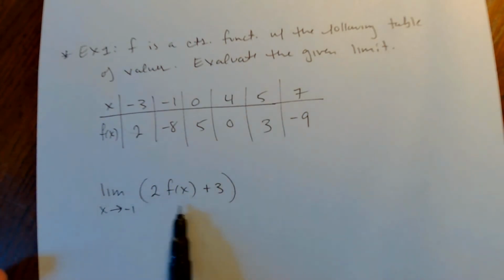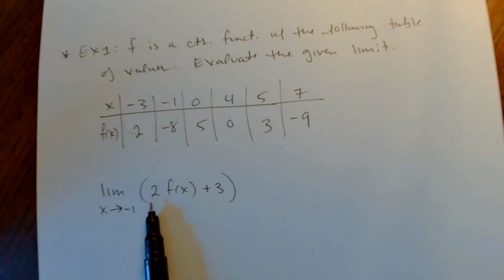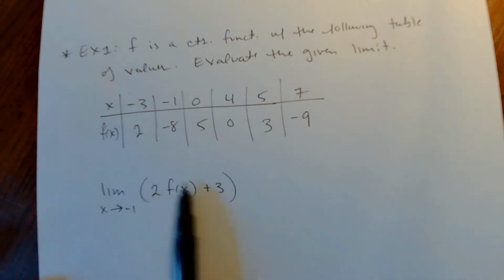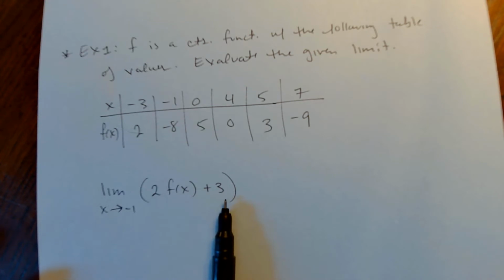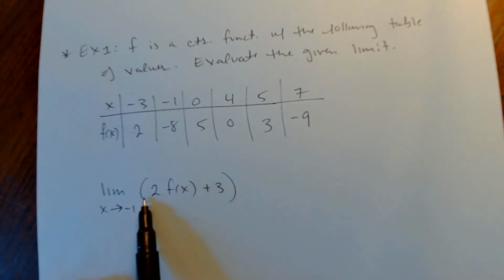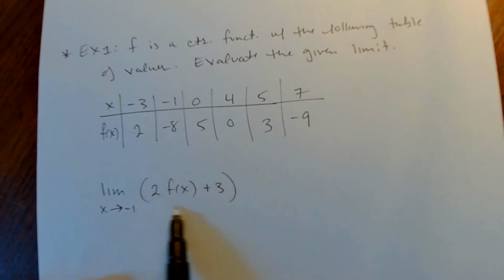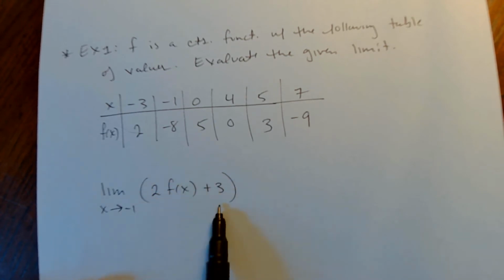And if you multiply a continuous function by a constant, you're still going to get a continuous function. And then if you take that continuous function and you add 3 to it, you're going to get another continuous function. So since f is continuous, this entire function inside here is also continuous.